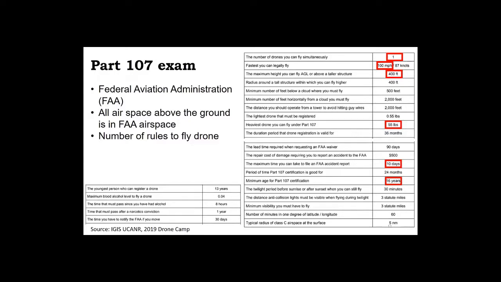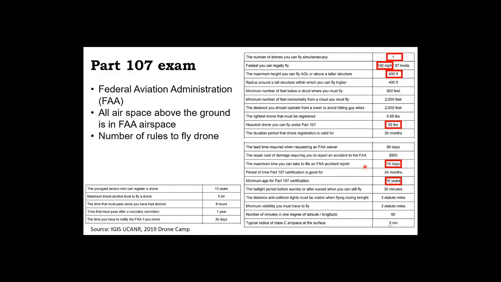Some major numbers that we should keep in mind when we are ready to fly a drone are, for example, the number of drones we can fly simultaneously is 1. The fastest we can fly is 100 miles per hour. The maximum height we can fly a drone is 400 feet above the ground level. Our drones should not be more than 55 pounds, including all the components, for example, sensors and cameras.